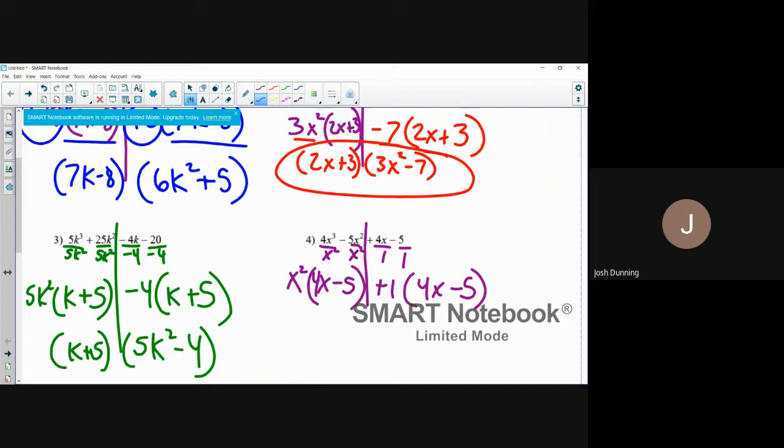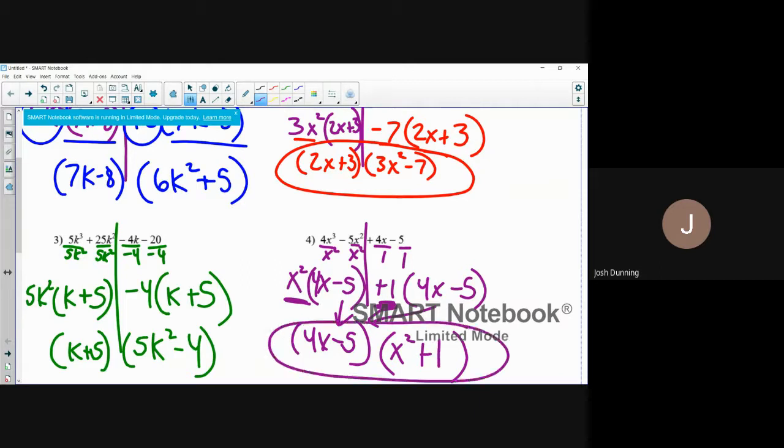And you don't really have to write that plus 1 there. It's not a bad idea, though, only because when you take those out of both as a GCF, we got the x squared left over on the left side, but on the right side, you need something left over. So that something's got to be that plus 1.